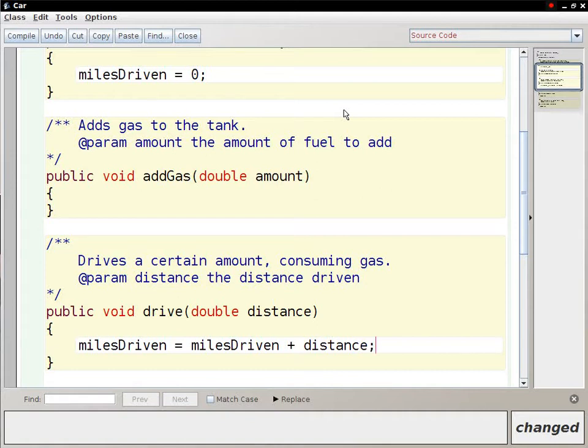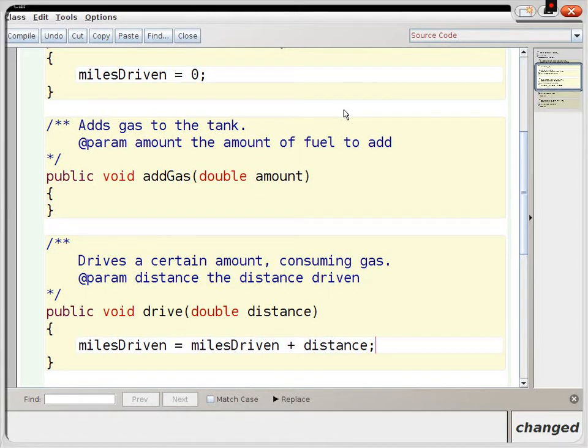So at this point, this is a construction that we've seen many, many times. With the bank account, we've seen balance equals balance plus amount. What did we do earlier today, was it the balloon?